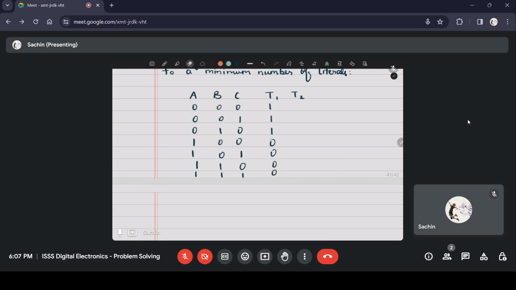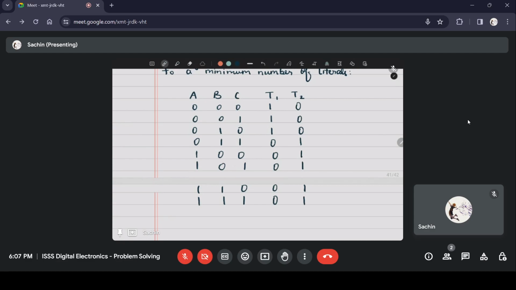I missed an input combination, so let me correct that. 0 1 1 1 0 0 1 0 1 1 1 0 and 1 1 1. So that's 8 combinations. T1 has a 1 for the first 3 input combinations and a 0 for the remaining input combinations. T2 is the opposite of that. It has a 0 in the first 3 input combinations and a 1 in the remaining input combinations.